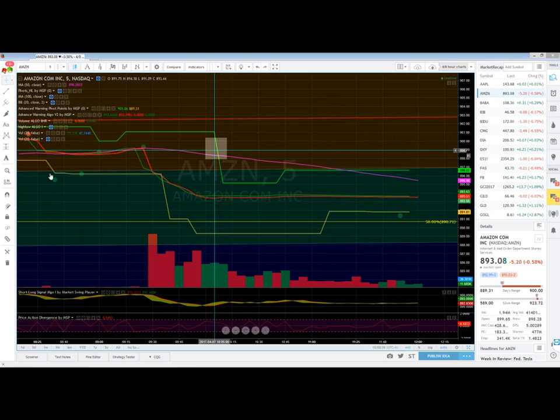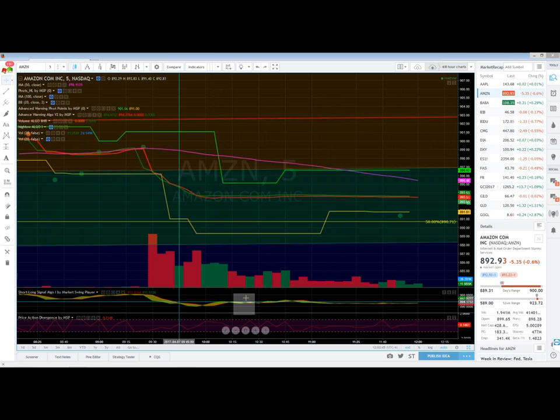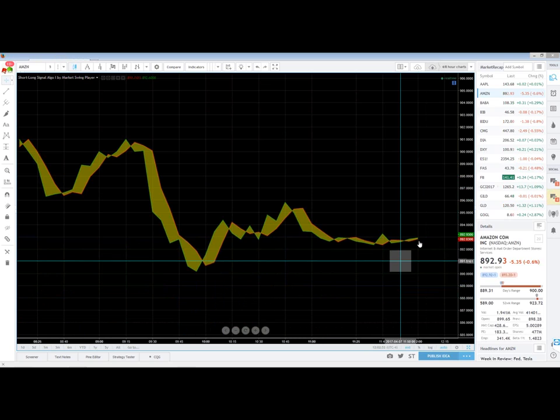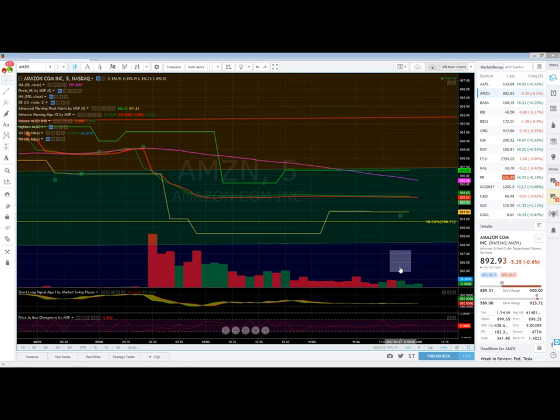So we got the pivots, and then we got the advanced warning algo, and then we got the short long signal algo. Same concept, different algorithm. Green over red means bullish, and red over green means bearish.